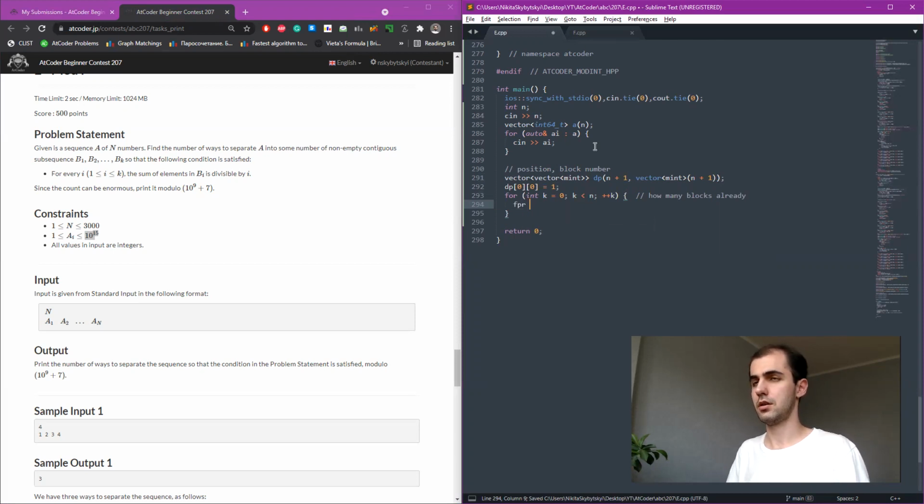Now should come something like that. What counts as also nodes?